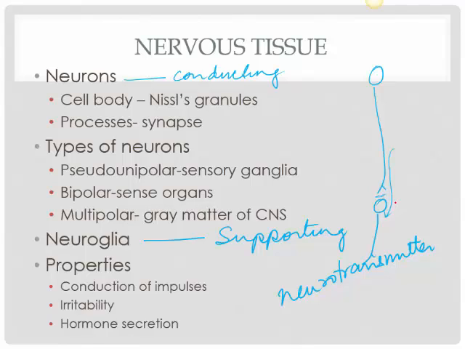But in certain areas of our body, the nervous tissue, those neurons secrete hormones also. When we do the nervous system, we'll do that in more detail. For now, this is just the general basics about nervous tissue.